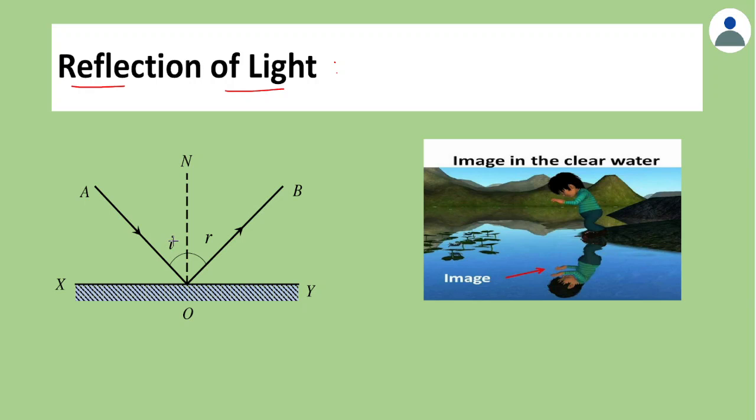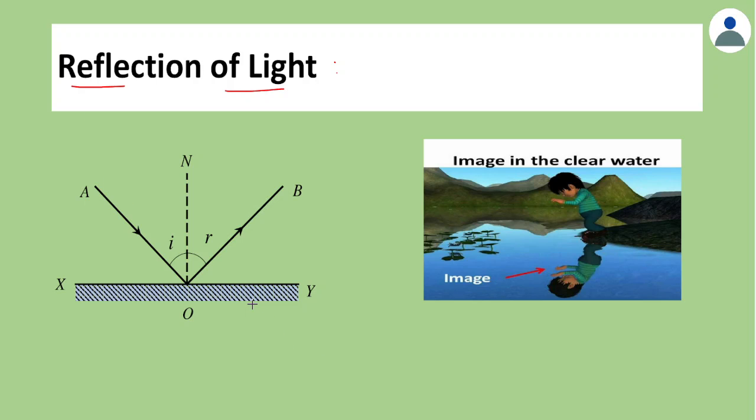To define it, we can say it is a phenomenon or a process in which when a light ray falls on a surface, it rebounds or bounces into the same medium. That is called reflection of light.